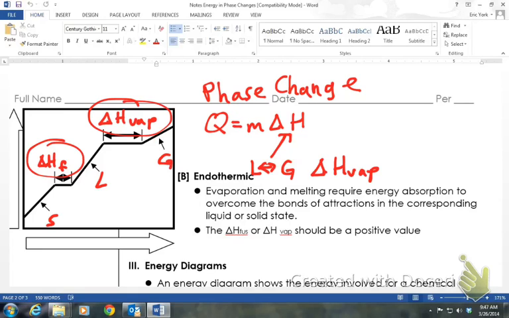But if you're going from a solid to a liquid, or a liquid to a solid, then you would use the delta H of fusion. And these values will always be given to you in the problem. You don't have to memorize any delta H's of fusion. You just need to know when to use delta H of fusion versus delta H of vaporization.